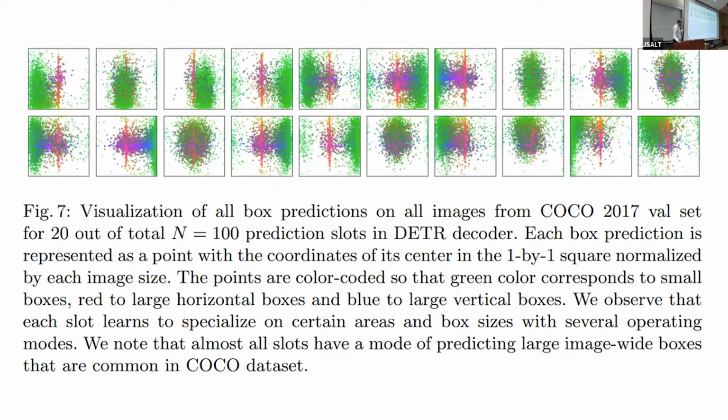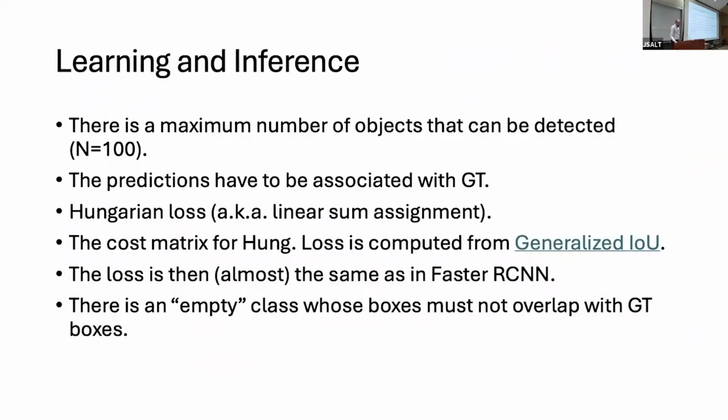The point is always in the center of the box that was detected by individual query vectors, and the color is, let's say, the size or shape of the box. So each of the queries is specializing in some kind of position and shape of the objects. This is an interesting property also.